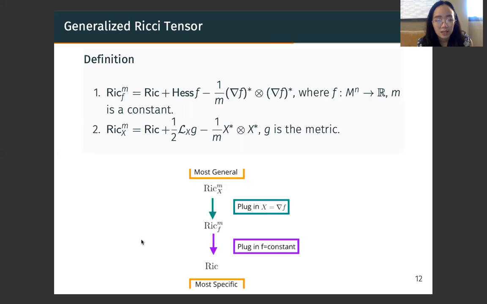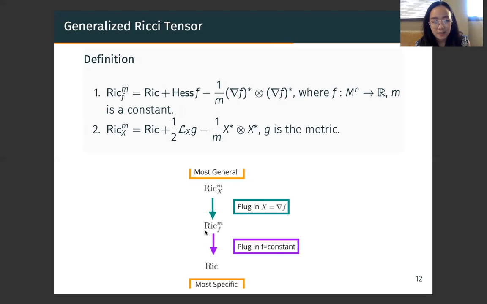So here I have this little chart. I'm going to start at the bottom where it says most specific, and that's the Ricci tensor. That's the one that we know most about. That's the Ricci in the Shen-Sormani theorem. And then above that, we have Ricci f m, which when you plug in a constant for f, then you get the Ricci back.